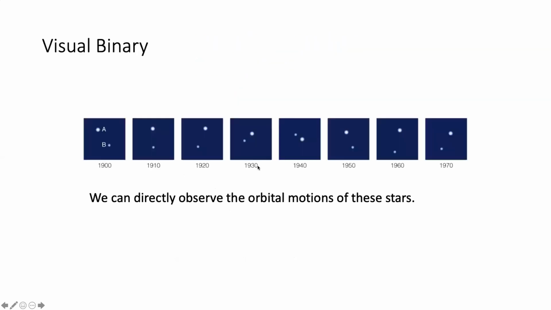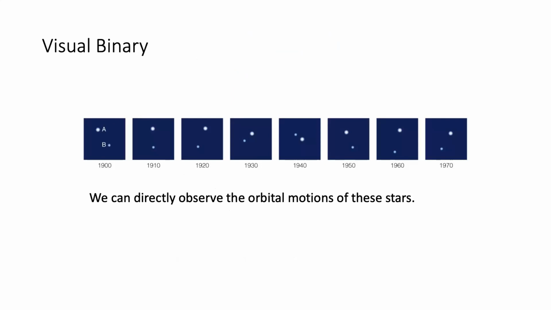A visual binary is essentially when we're looking at 2 stars and we can look down on the plane that they are orbiting each other in. For example, I have a piece of paper here. If the stars are both orbiting on this plane, then from your perspective, you can see a visual binary.